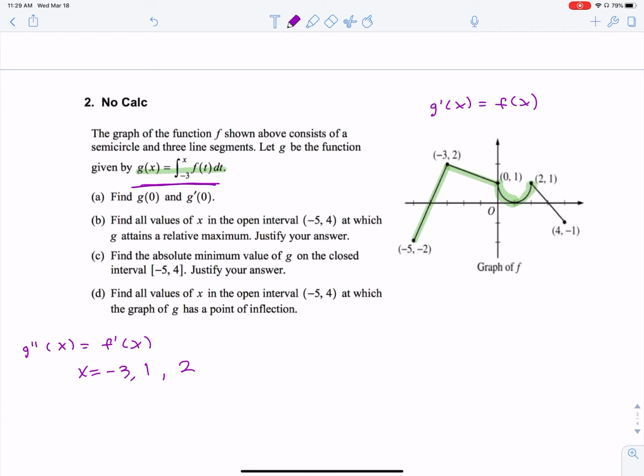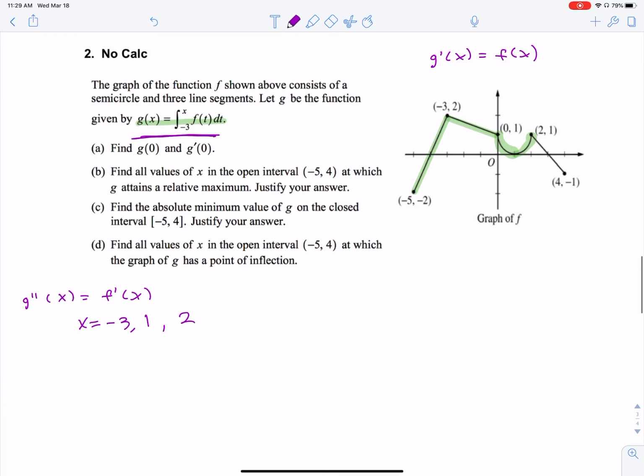Now, if they asked to justify, which they did not, I'm not going to do this for every single one, but let's say I wanted to justify that x equals -3 was an inflection point.